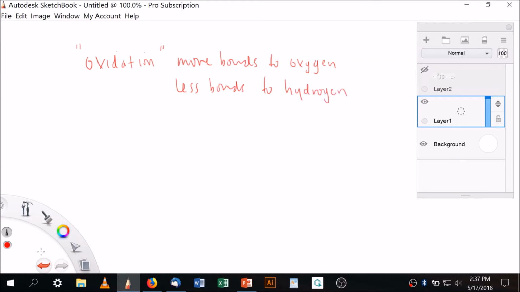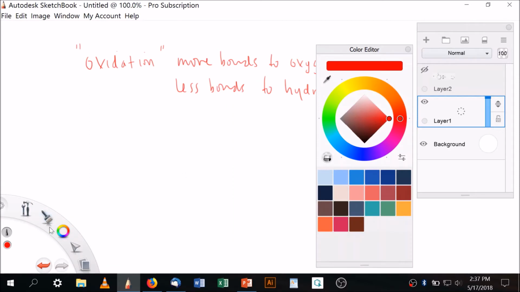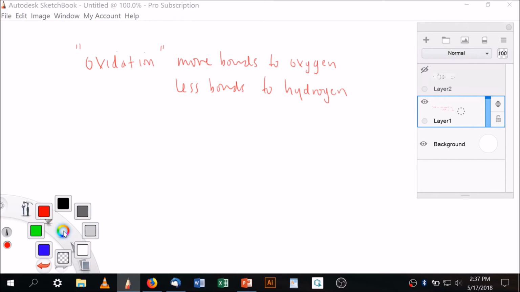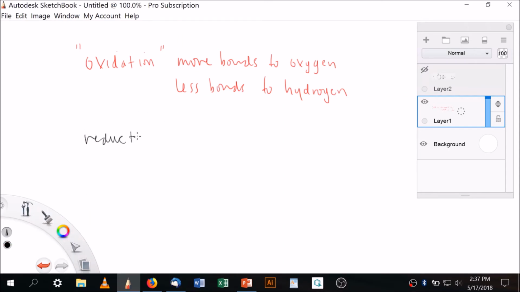Okay, and I don't want that. Sorry, I need some new technology. It's a new version of reduction. Can you see where I'm going with this? Reduction is fewer bonds to oxygen or more bonds to hydrogen.